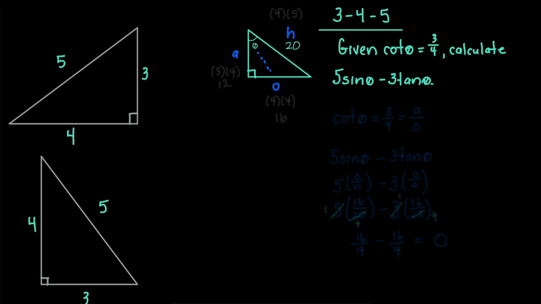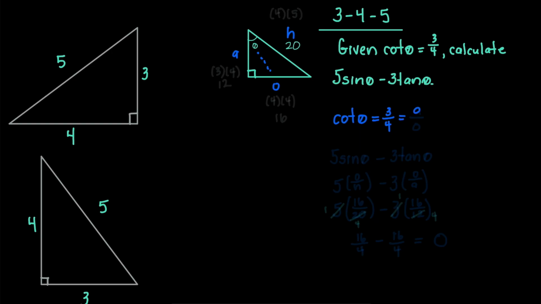And so right now, all we know is the hypotenuse of our right triangle is 20. We were given that cotangent of theta is a ratio of 3 over 4. Now remember, when we have our trigonometric ratios, that number can be a simplified version of what the triangle actually was. So you have to make sure it makes sense.